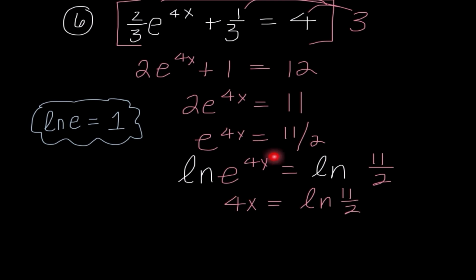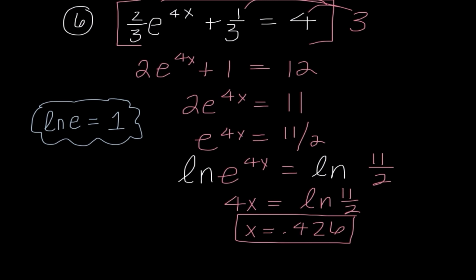Because I have 4x times ln of e. ln of e is only 1, so that gives me 4x. So in my calculator here, I'm going to do ln of 11 halves, and then I'm going to divide that value by 4. So I get x equals 0.426. And if I substitute that into my original equation, I notice that it works in that equation. It makes a true statement.